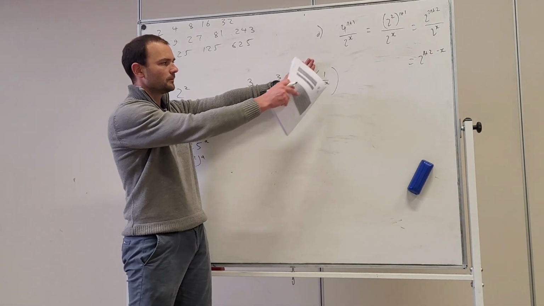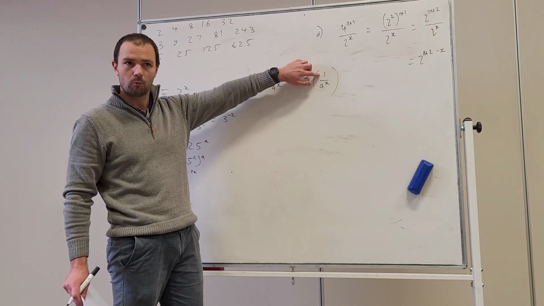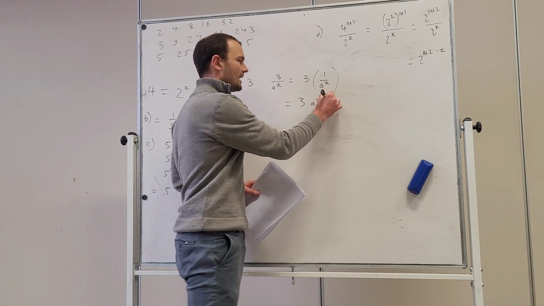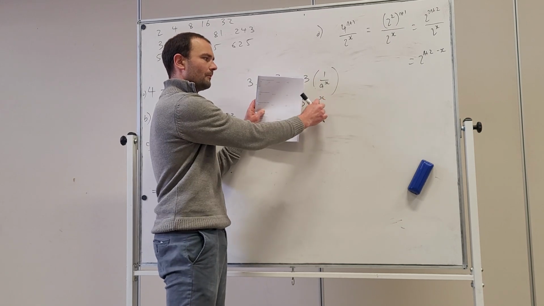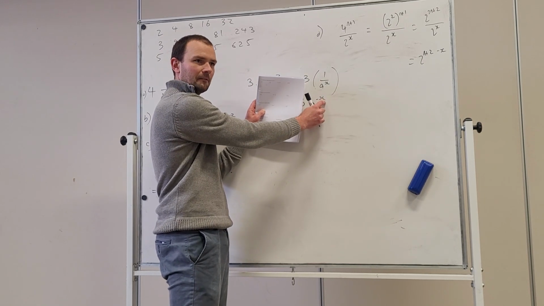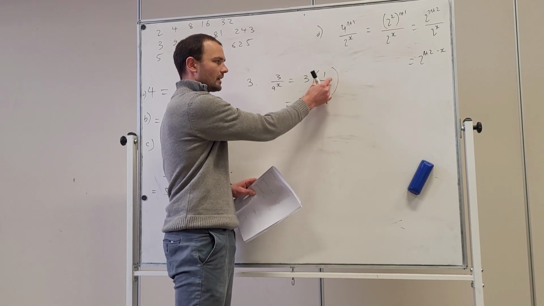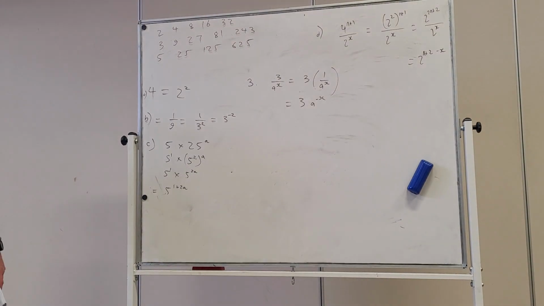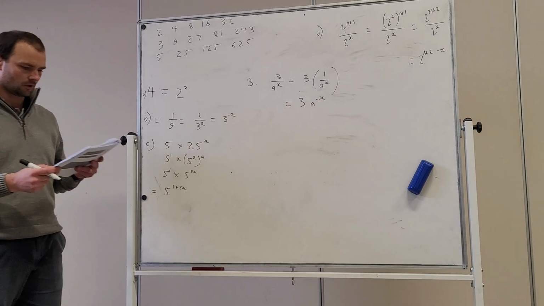Why I put this intermediary step in is to show you if we have 1 on top of a to the x, we can express that as a to the minus x, right? We can take it to the top of the fraction, provided we make its power negative. The 3 just hangs out. It's 3 times. This is the same thing, different ways of expressing it. The question asks us, write it without a fraction. That's what we've done. We've expressed it all at the top.